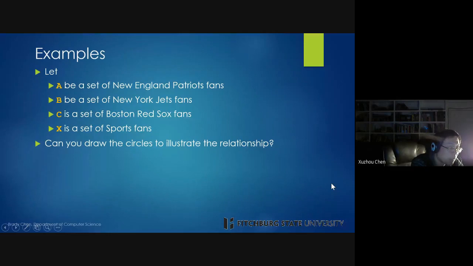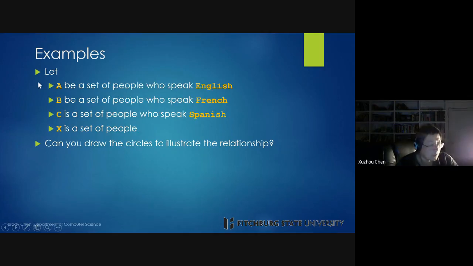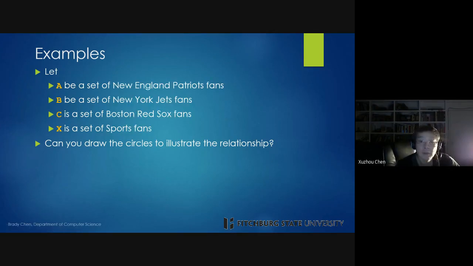Okay, now let's take a look at this example. Let A be a set of New England Patriots fans, and B is a set of New York Jets fans, and C is a set of Boston Red Sox fans.